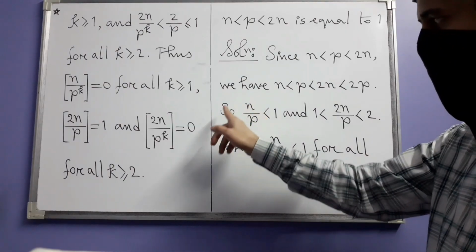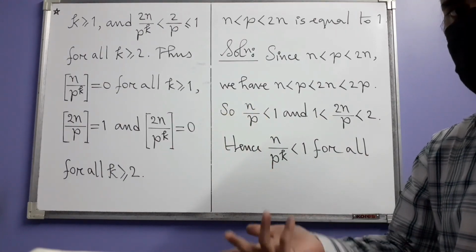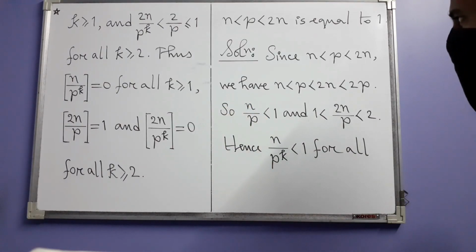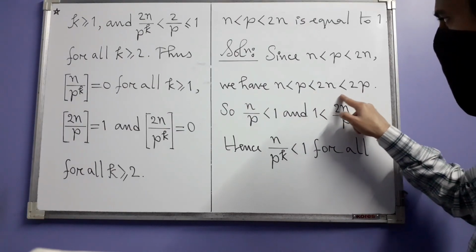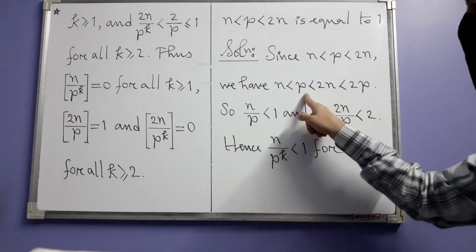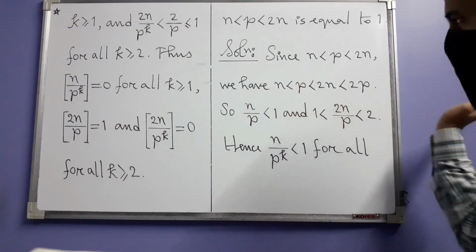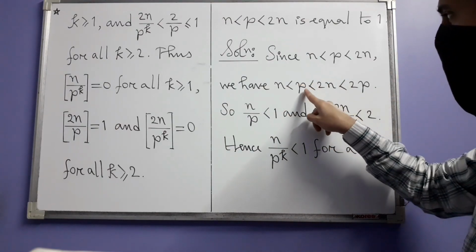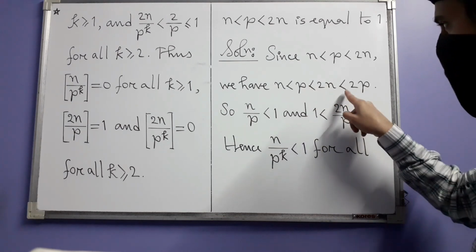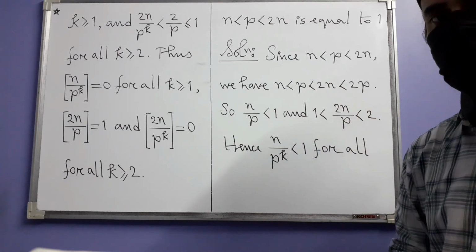That means this is greater than 0, which I did not write because it's evident. And next we divide these last two inequalities throughout by p, obtaining these inequalities. 1 less than 2n divided by p less than 2.